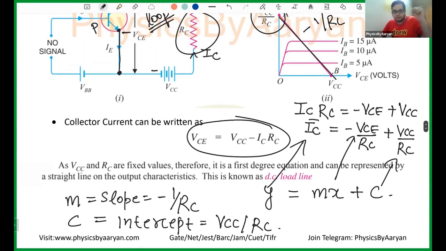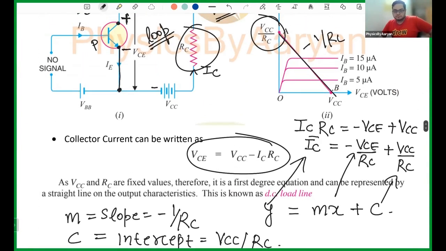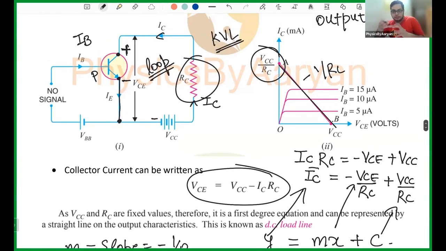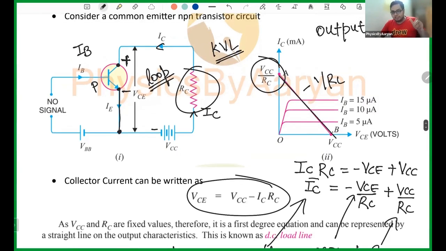So any problem in how I draw the load line? This thing is known as the load line. Will this load line change? Let's say my input current is changing, or my transistor characteristics are changing, but will my load line ever change? If I change my input current, will my load line change?